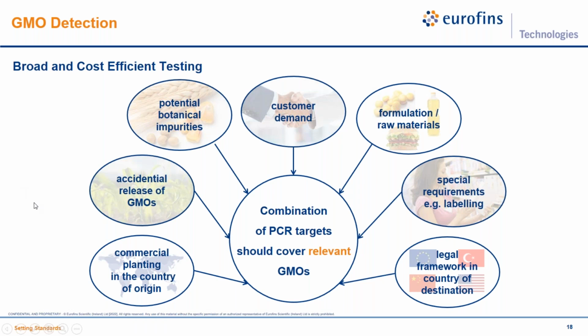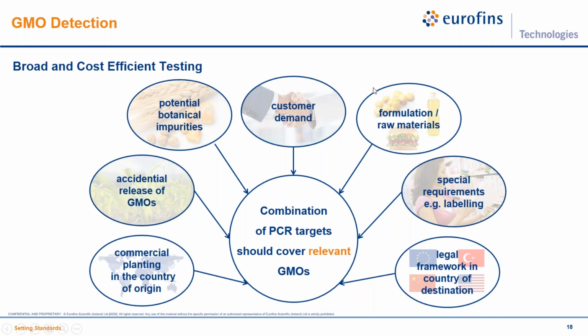Also, accidental releases of non-approved GMOs in the country of origin have an impact on the strategy. The country of destination is also important because there is a legal framework and you have to know the legal situation in this country. There may be special analytical requirements, for example, those required by non-GMO labeling organizations.